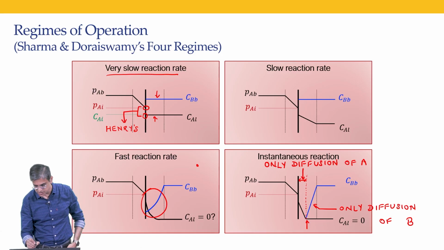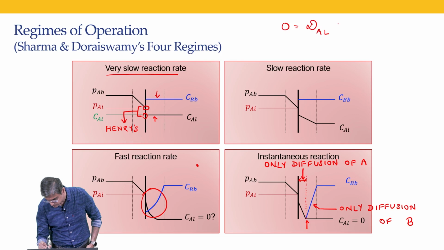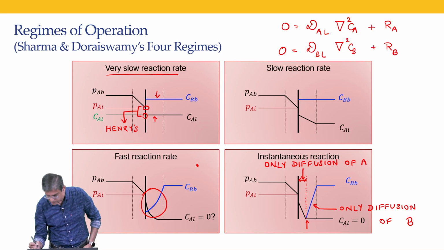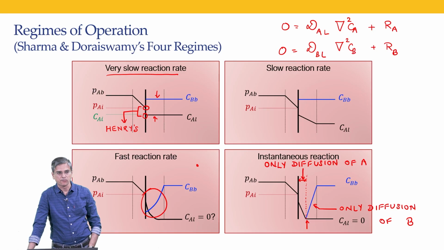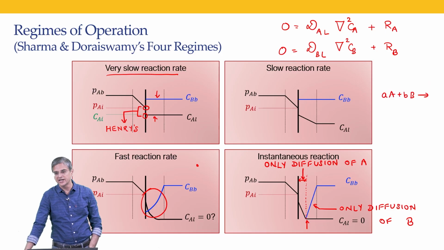What is the equation for reaction diffusion? And if the reaction is aA plus bB giving products, your RA is nothing but minus a multiplied by k CA to the power alpha, CB to the power beta. Your RB is nothing but minus b multiplied by that same term.